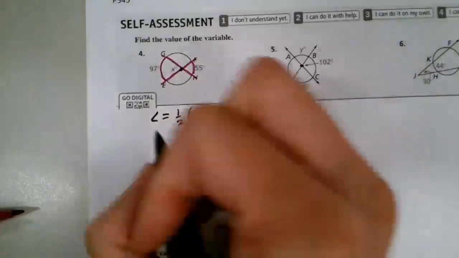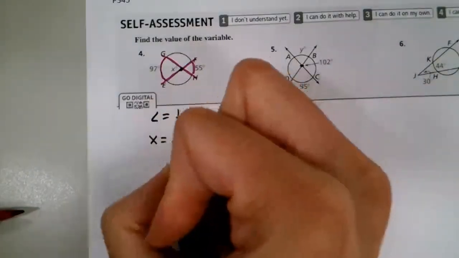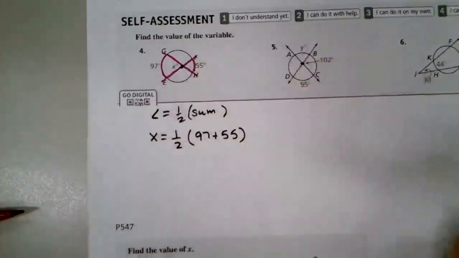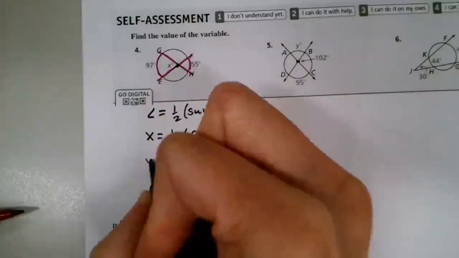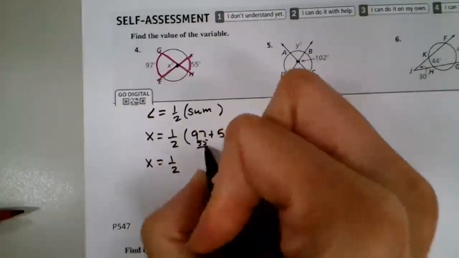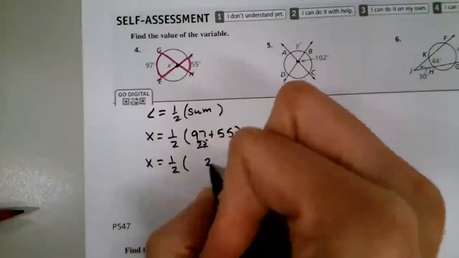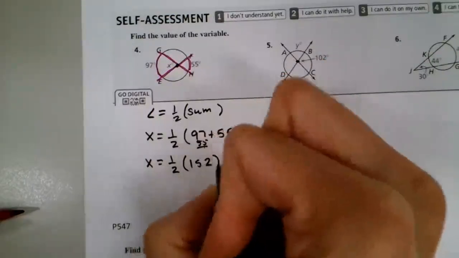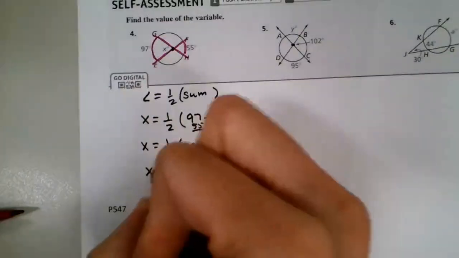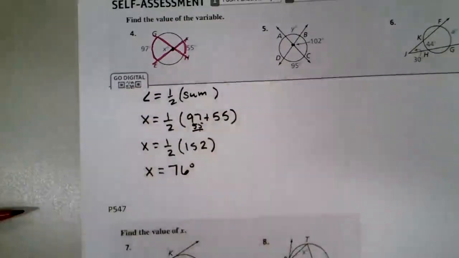Sum means we add. So X is equal to half of 97 plus 55. So I'm going to have X is equal to half of, let's see, when I add this together, 152. And then I have to take half of that, so I get 76 degrees.